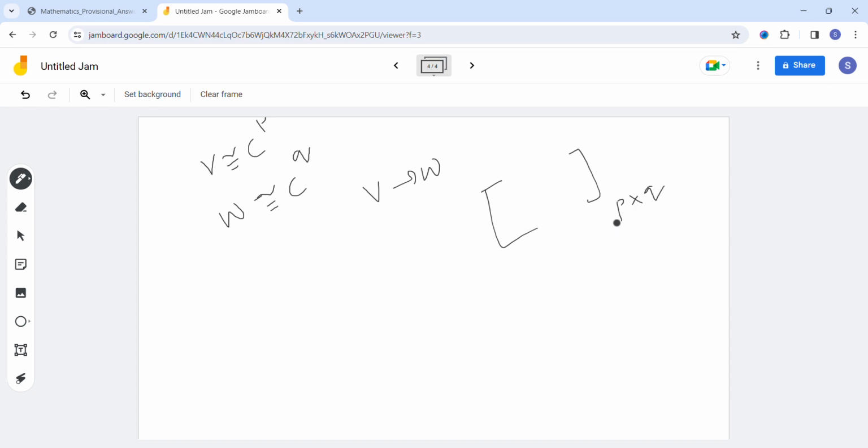Sorry, Q cross P, not P cross Q, because it is V to W. The linear map is from C power P to C power Q, so the matrix representation will be Q cross P. And any Q cross P matrix over C will also give you a linear transformation, so it is vice versa.